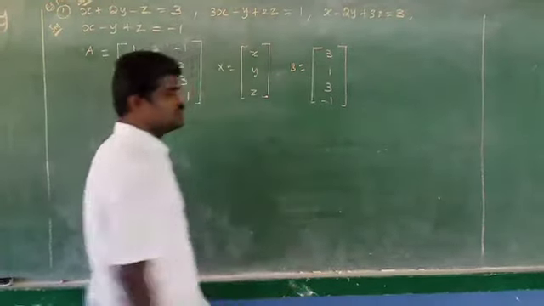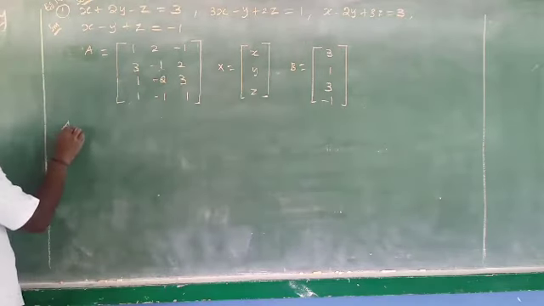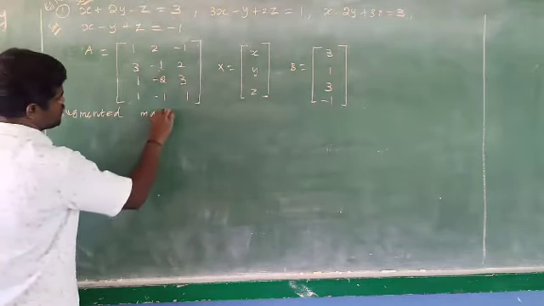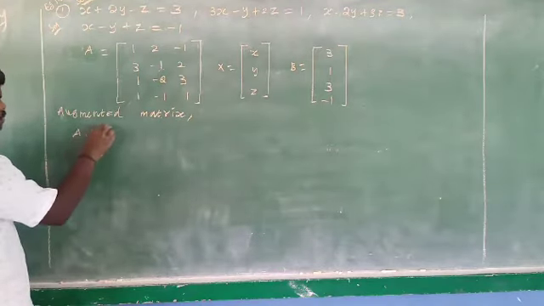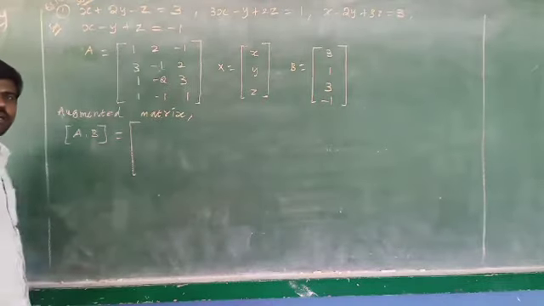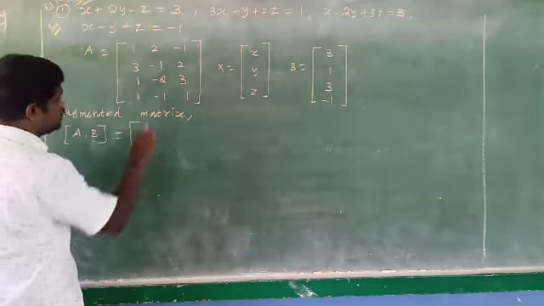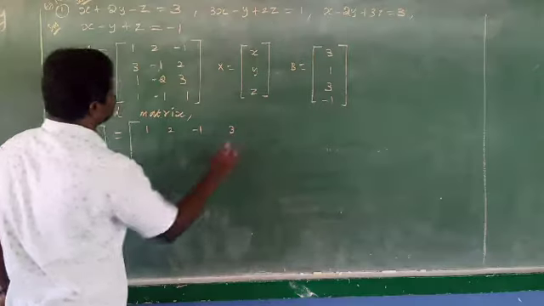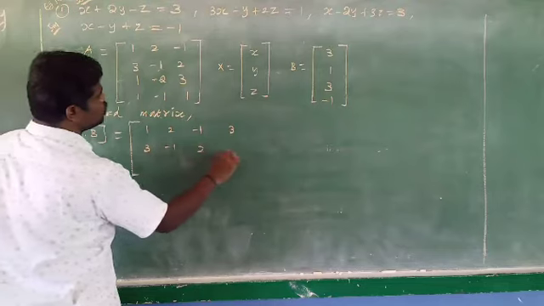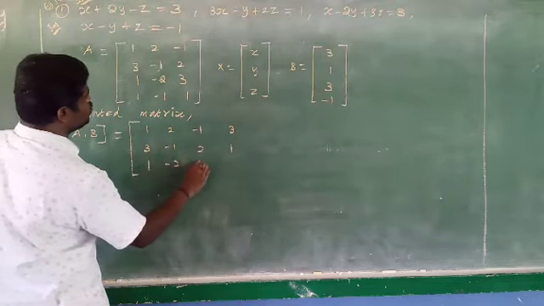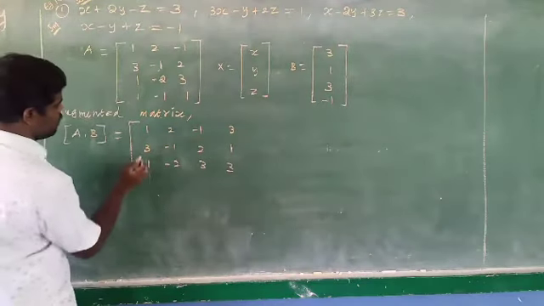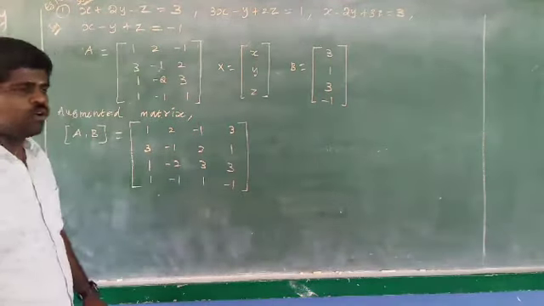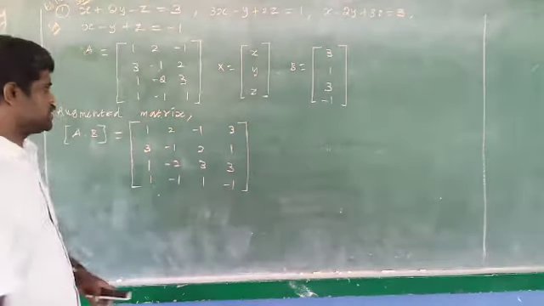Now we combine them into the augmented matrix A comma B: 1, 2, minus 1, 3; 3, minus 1, 2, 1; 1, minus 2, 3, 3; 1, minus 1, 1, minus 1. These 4 rows form the augmented matrix.